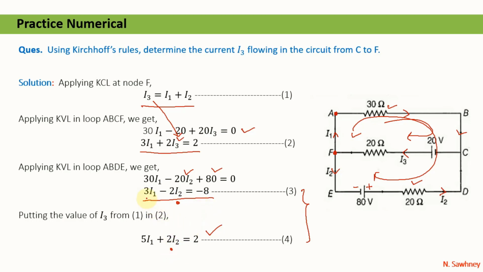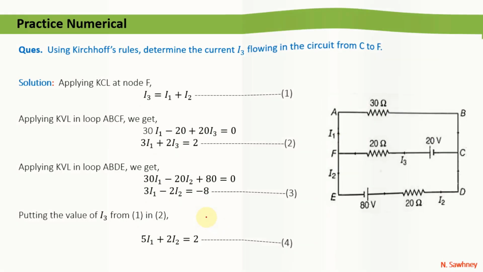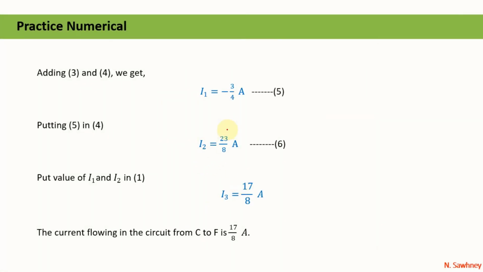So we are left with 8I1 on the left hand side, and on the right hand side it will be simply minus 6. So we will obtain I1 as minus 3 upon 4 amperes. Putting this value of I1 in any of the above equations and solving further to get the value of I2, we have obtained 23 upon 8 amperes.